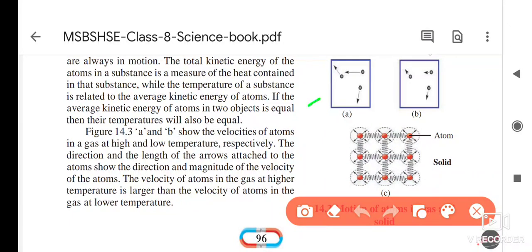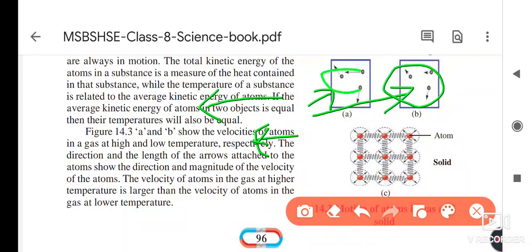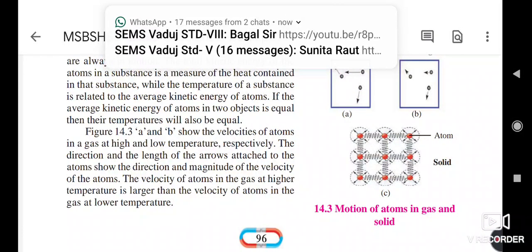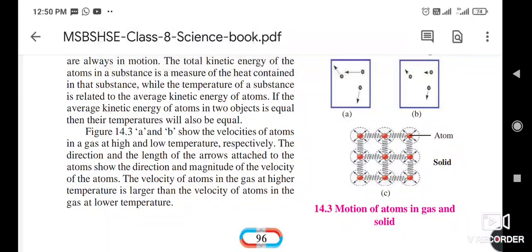Here in this figure we have arrows in a long range, while in this figure we have arrows in a short range. Why is this? Because of temperature.